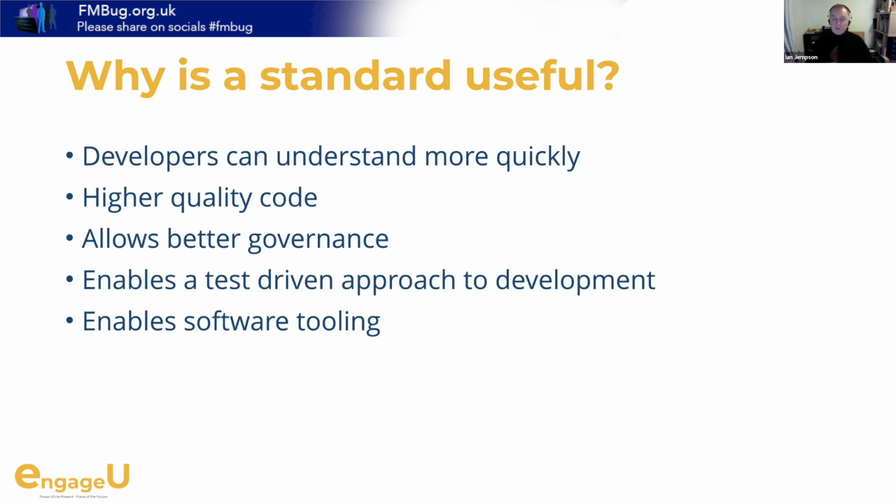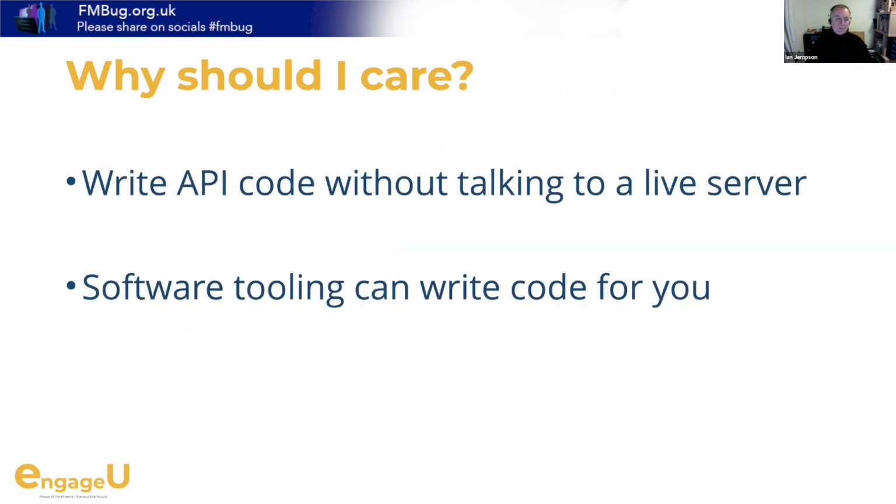The parts that are probably most useful to us as FileMaker developers are that it allows a test-driven approach to development and it enables software tooling. The software tooling part is probably the most important part, and I'll get to that. Fundamentally, software tooling can write code for you.